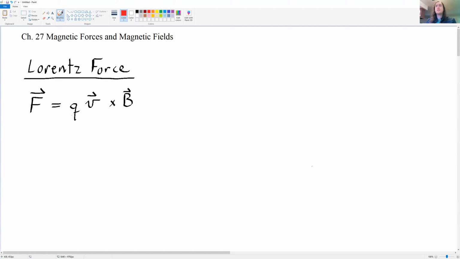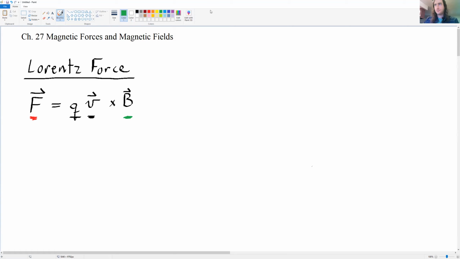What this equation says is that the force on a charged particle is proportional to its charge times its velocity, but that velocity vector is being crossed, in other words, a cross product with a magnetic field.